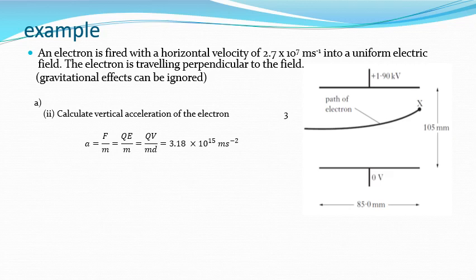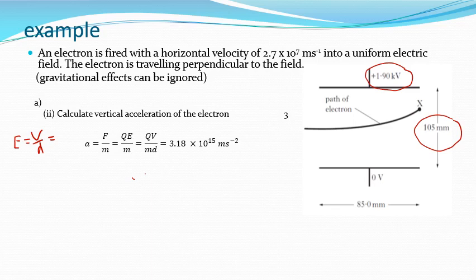This time we aren't given the strength of the electric field, but we are given the potential difference, 1.9 kilovolts, and the separation between the plates, 105 millimeters. So this is showing all the things added together, but it might be quite usual for you to say, well, actually, I'm going to work out my electric field strength, E equals V over d, first.